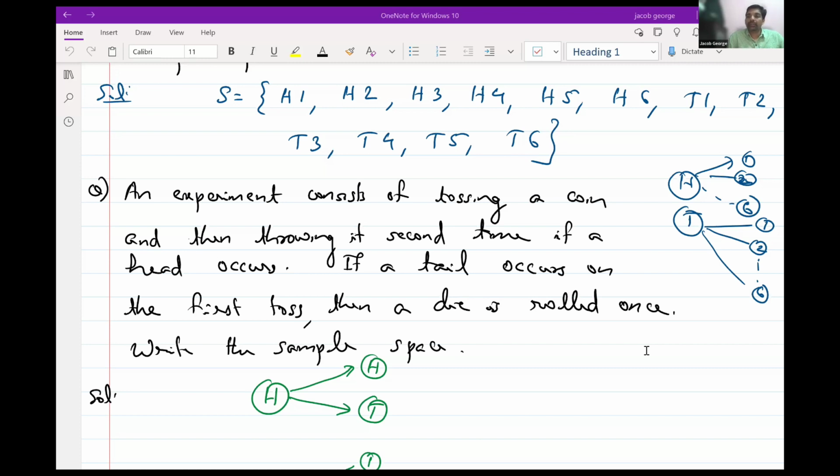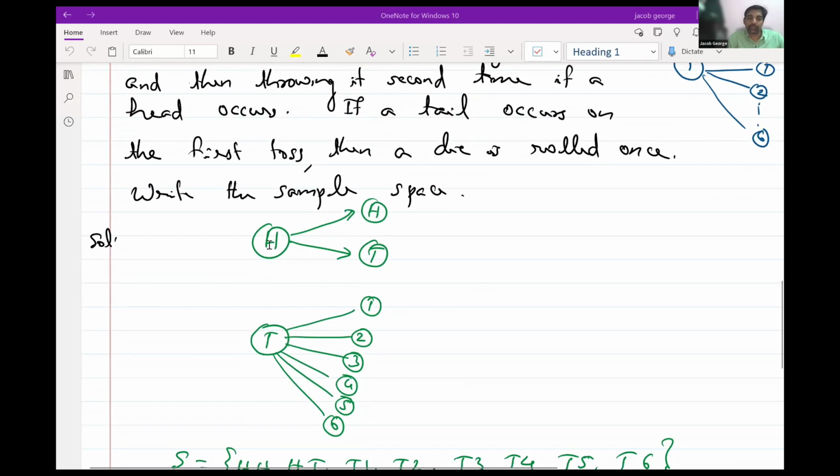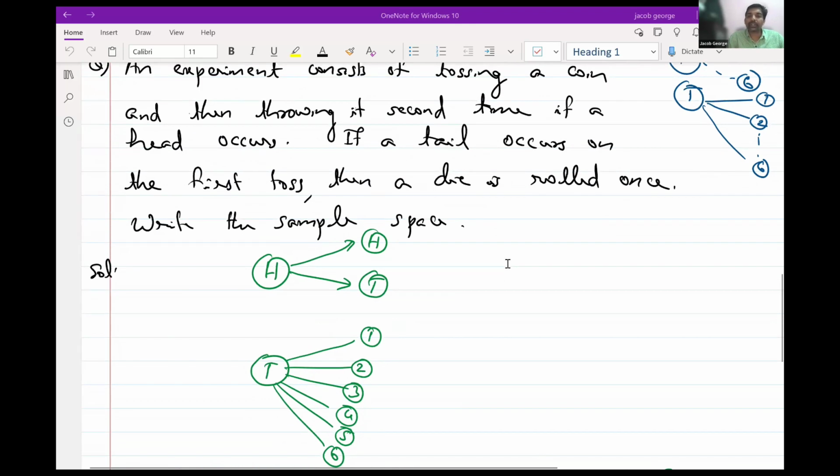So here, how to write? Coin is tossed, meaning head or tail. If head occurs, then throw the coin a second time. That means connected to head, it will be H or T, because we throw the coin a second time with head.